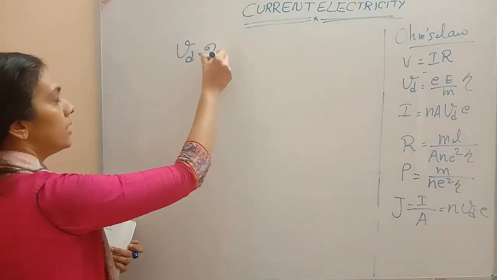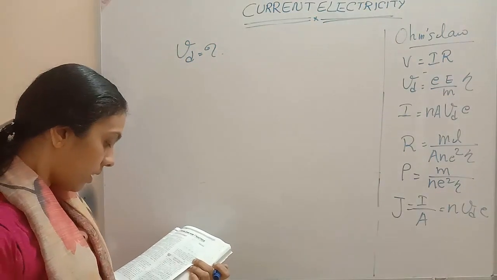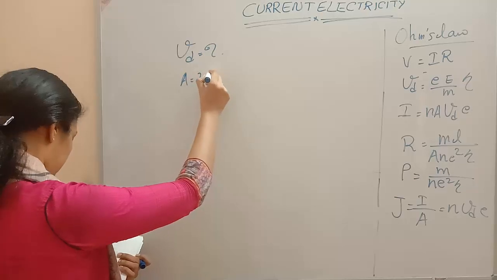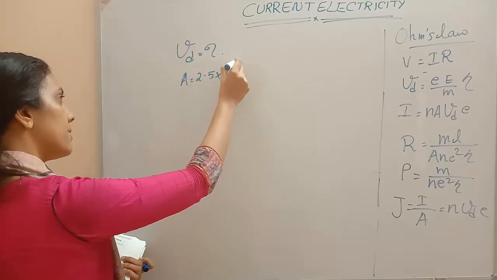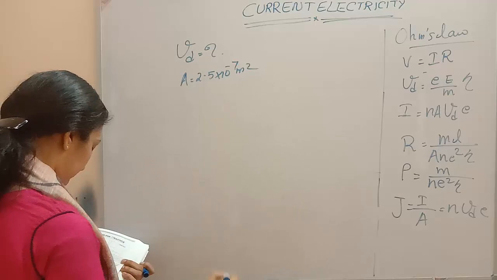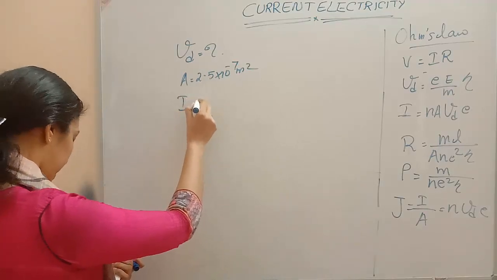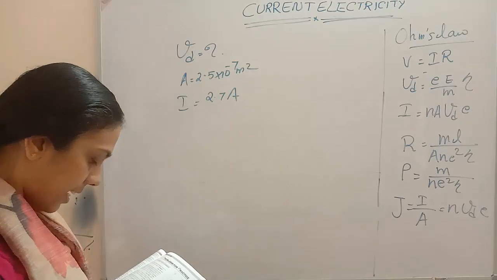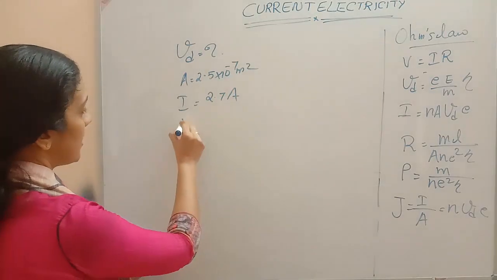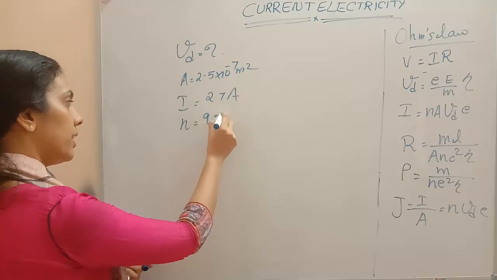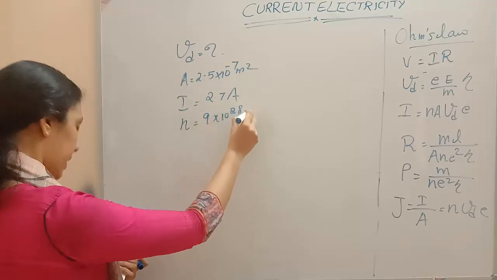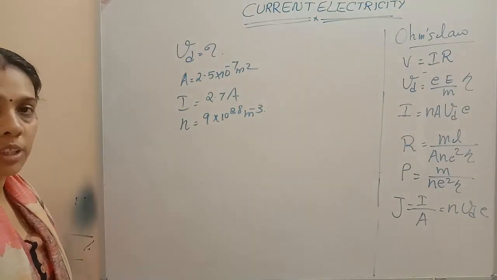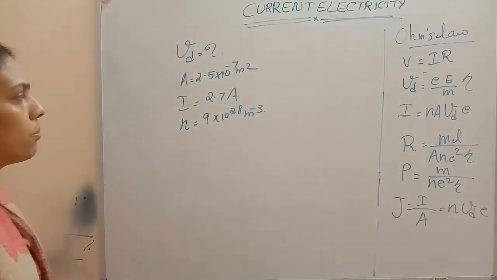Given: cross-sectional area A equals 2.5 into 10 to the power minus 7 meter square, current I equals 2.7 ampere. Assume the number density of conduction electrons, that is N, is equal to 9 into 10 to the power 28 per meter cube. Number density means number of electrons per unit volume, right?